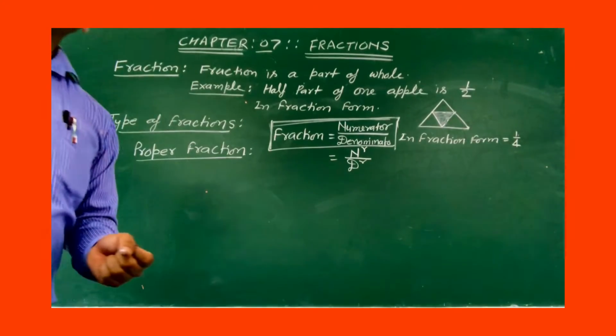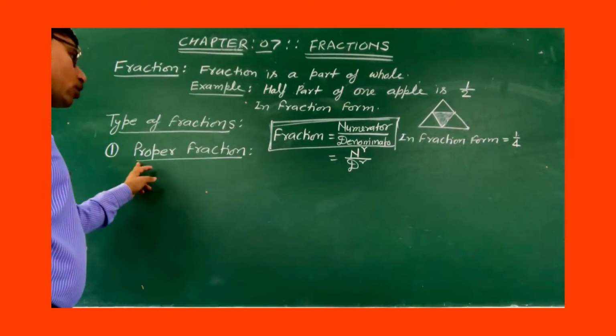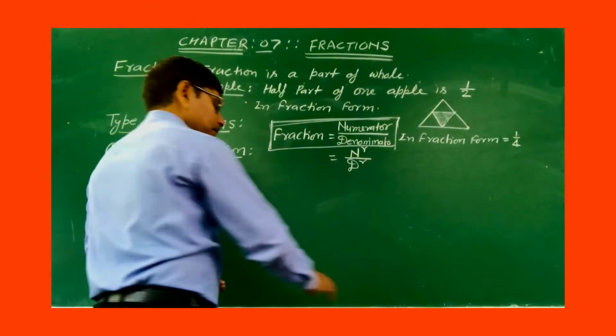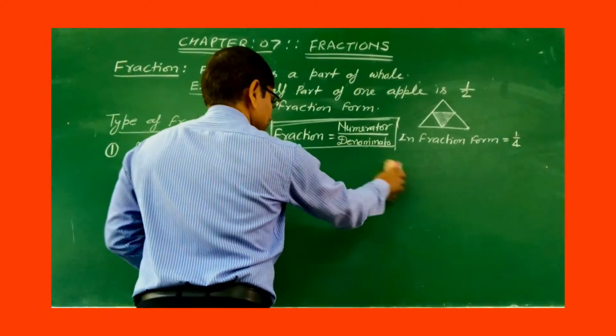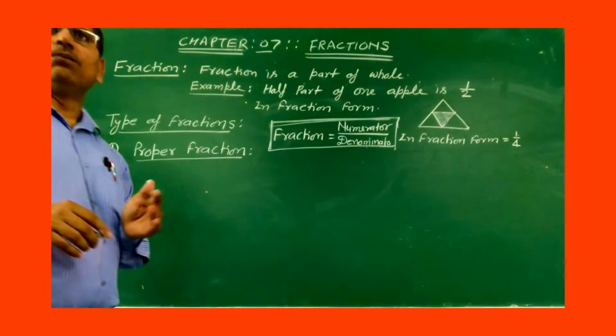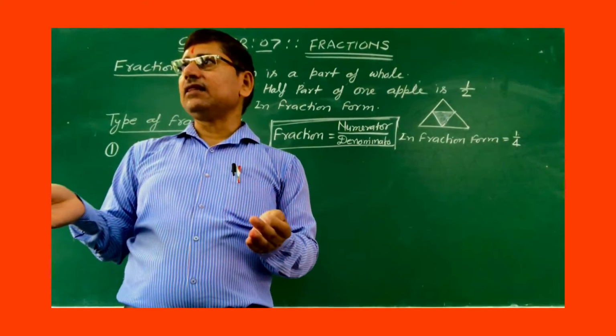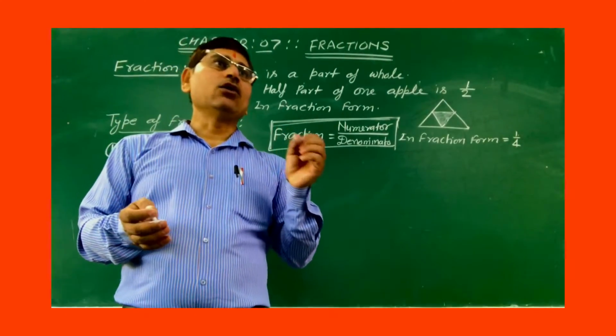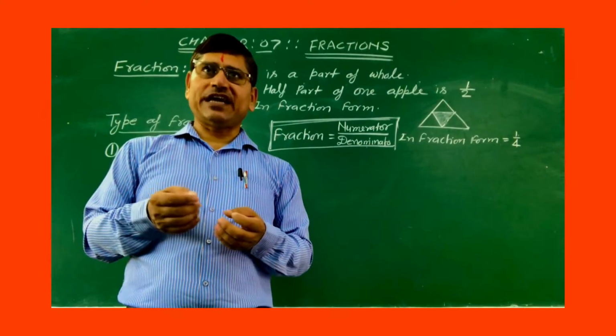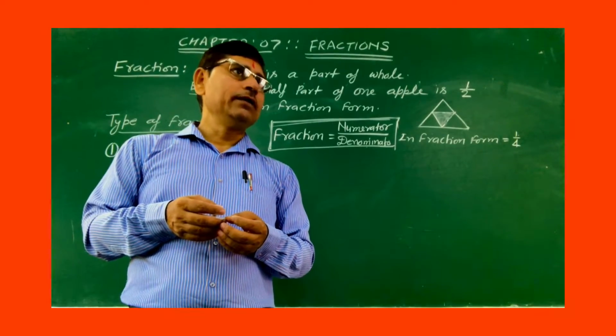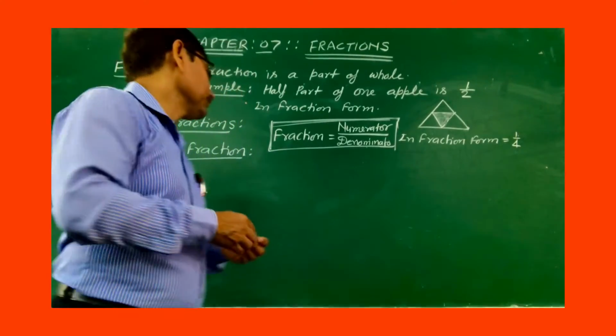Okay, moving to the next thing, proper fraction. What is the proper fraction? So dear, if the numerator is less than the denominator, then all that type of fractions are called proper fractions.